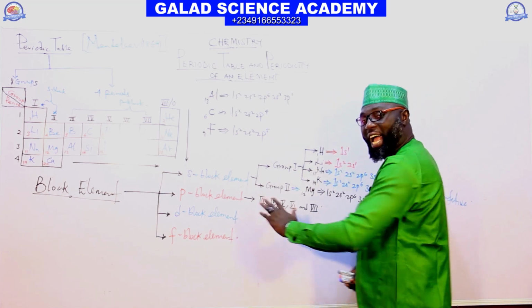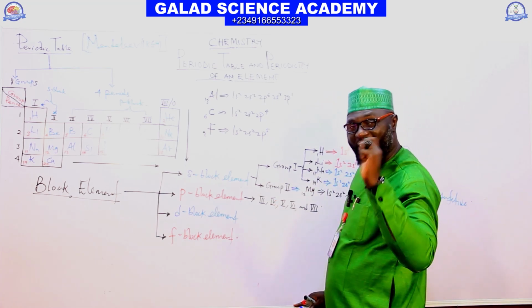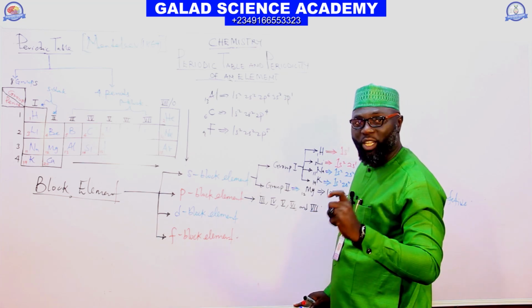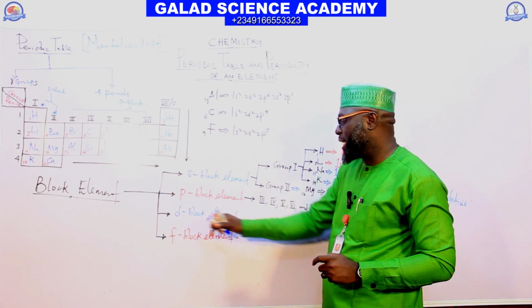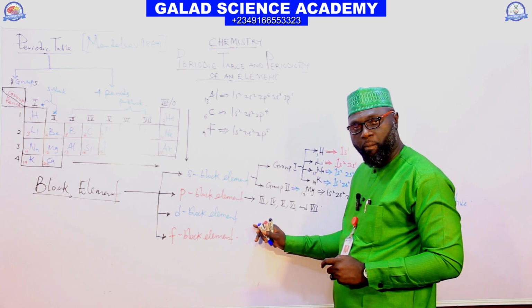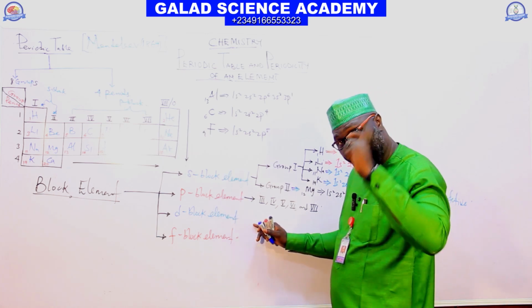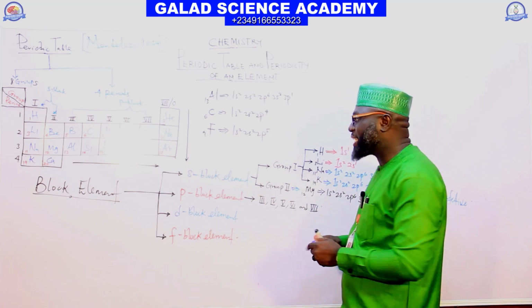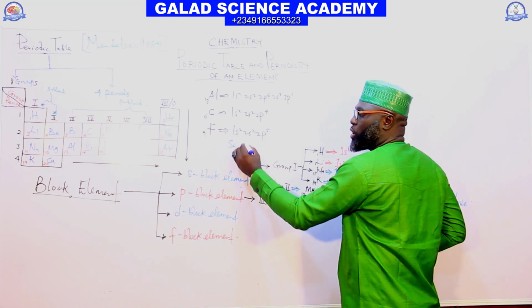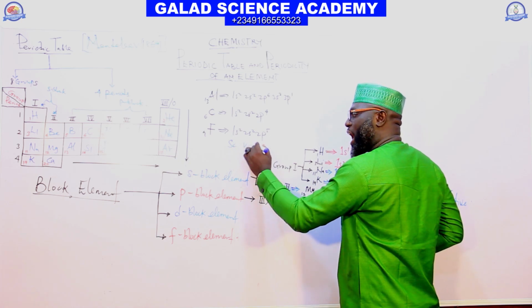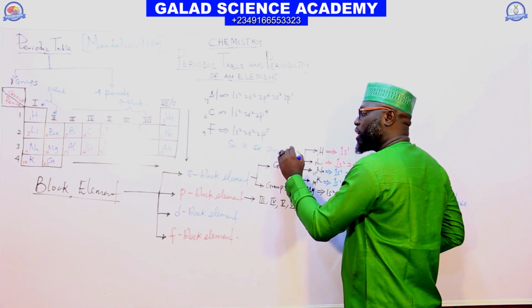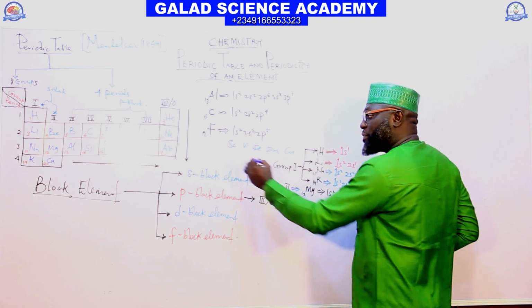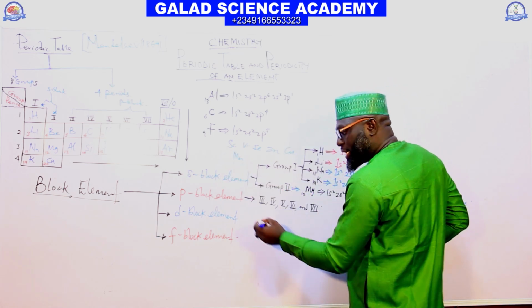D block elements are elements in which their valency electron, their outermost electron, can be found in the D orbital. For example, we have scandium, vanadium, iron, zinc, copper, manganese.